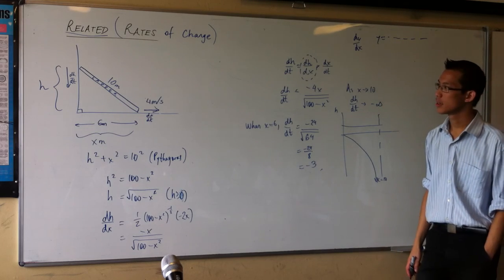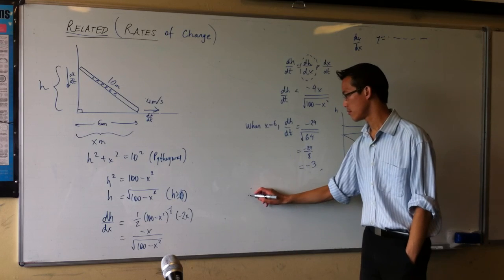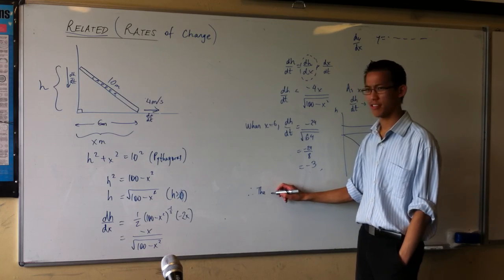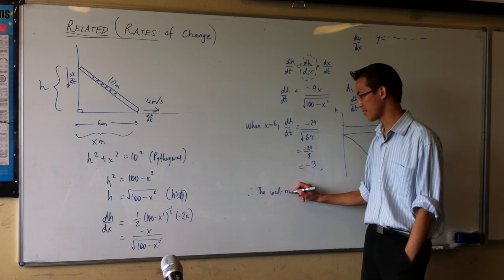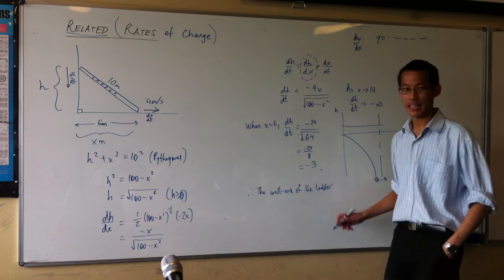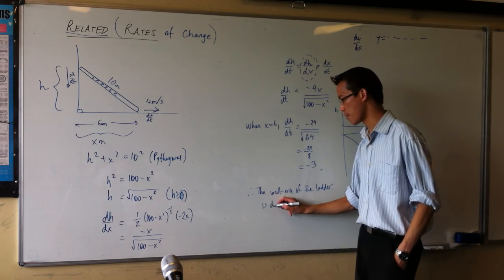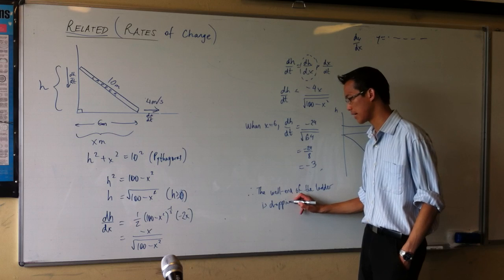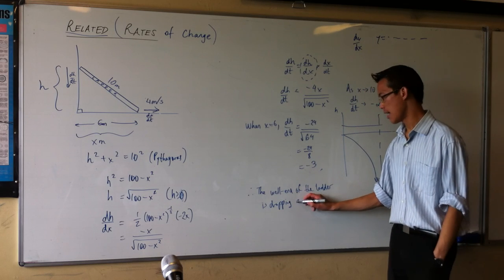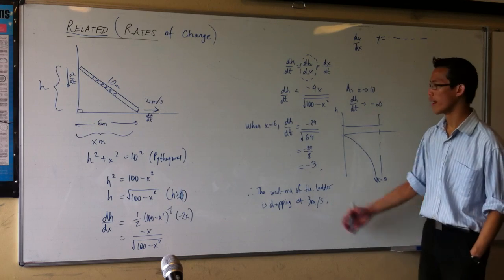Okay. So it's dropping at a rate of 3 meters per second. So you would answer that the wall end of the ladder, the top of the ladder, that would be a nice way to say it, instead of saying -3, I'm going to say it's descending or dropping at 3 meters per second when x equals 6. The dropping gives me the direction, you see.